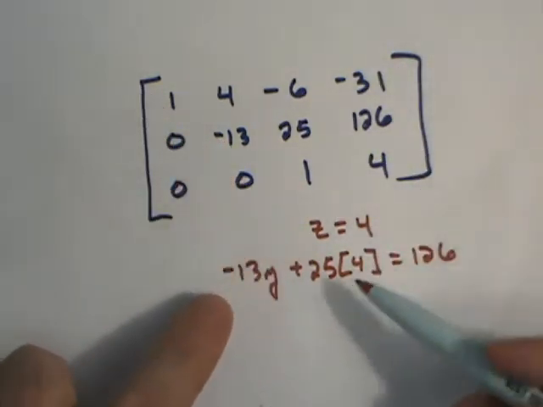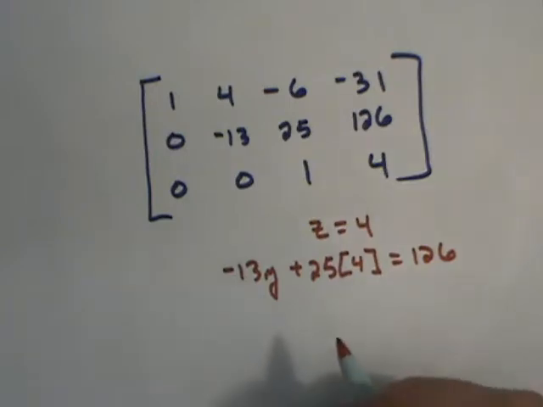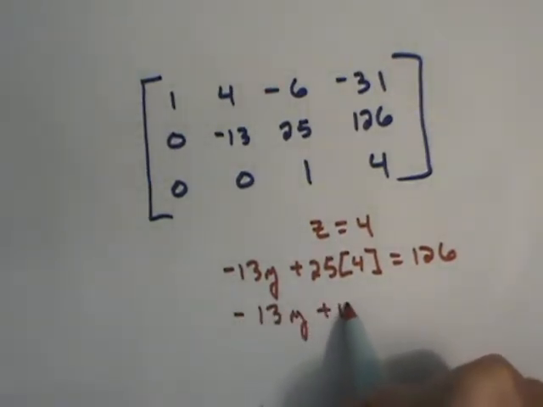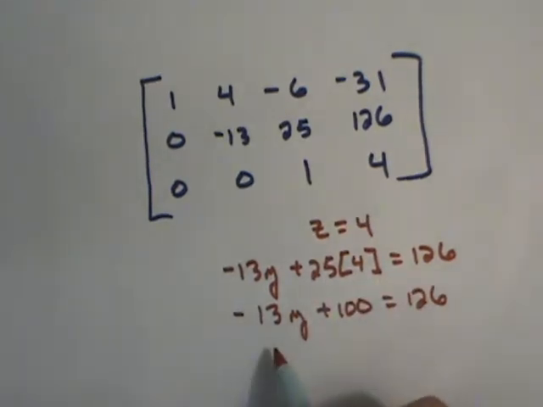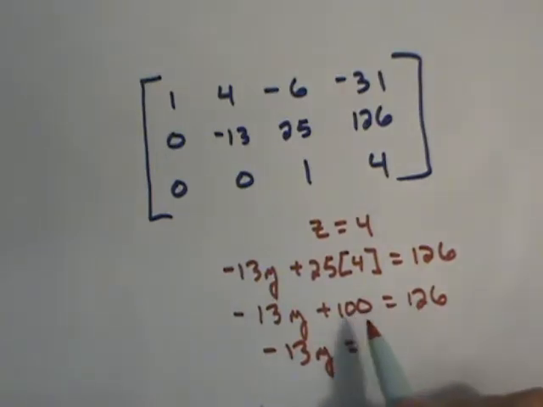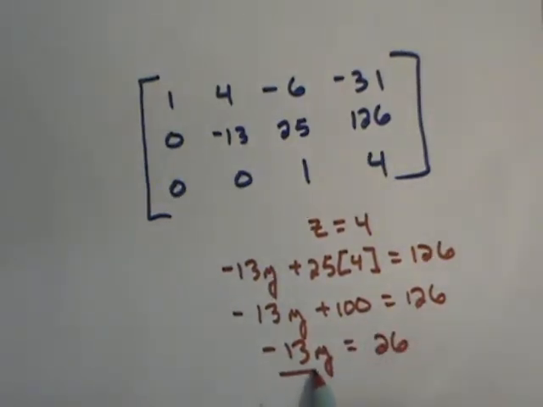So I have my z. I'll be able to solve for y here. I simply say negative 13y plus 100, 25 times 4, equals 126. Move that 100 over, so negative 13y would equal 126 minus 100, which is 26. Divide by negative 13, and y would be negative 2.